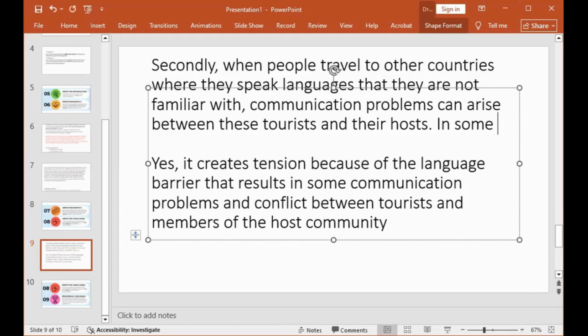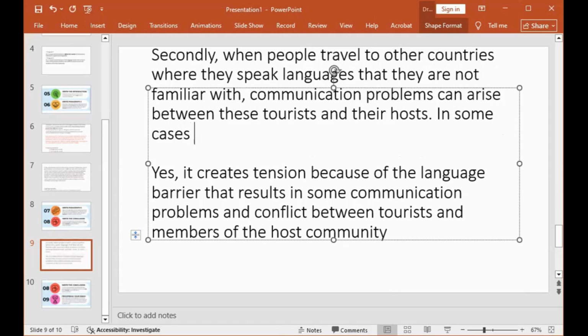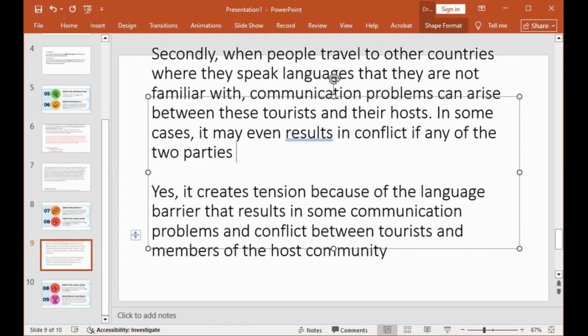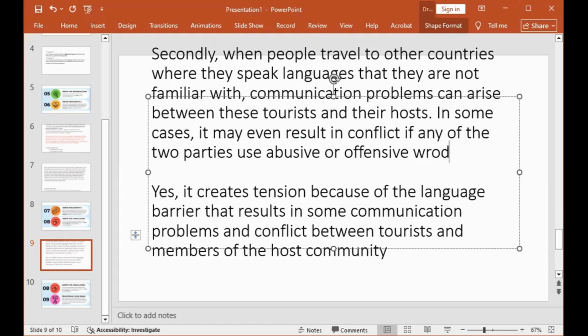In some cases, it may even result in conflict if any of the two parties use abusive or offensive words unintentionally.